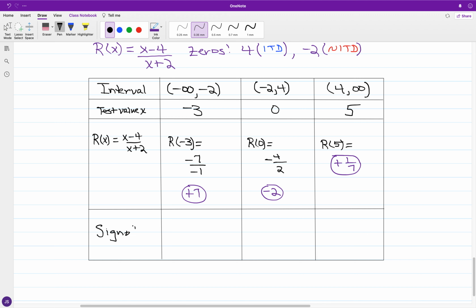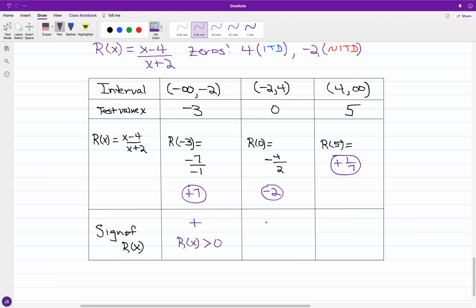And for what we have in the case of the sign of r of x, looking at the respective outputs, we have plus 7 from the sample. Anything plugged in less than -2, the output is positive, so we have r of x is greater than 0.